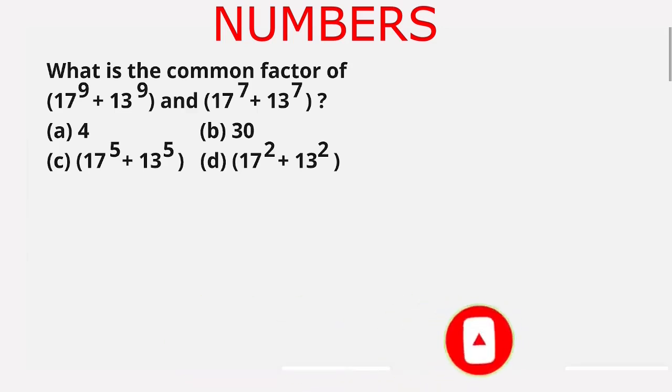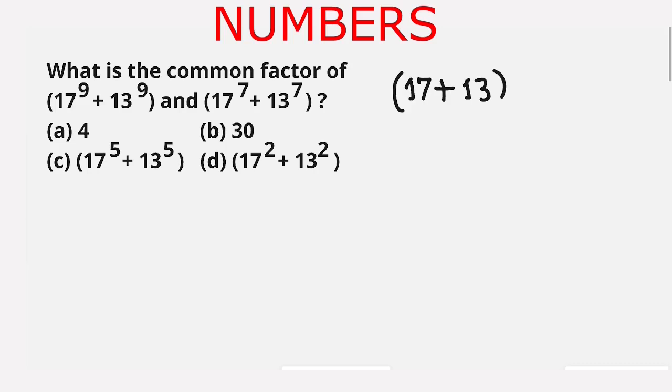17 to the power 9 plus 13 to the power 9 and 17 to the power 7 plus 13 to the power 7. Here 9 and 7 both are odd numbers. Therefore 17 plus 13 is a factor of both the numbers, or we can say 17 plus 13 is a common factor of 17 to the power 9 plus 13 to the power 9 and 17 to the power 7 plus 13 to the power 7, and 17 plus 13 is equal to 30.